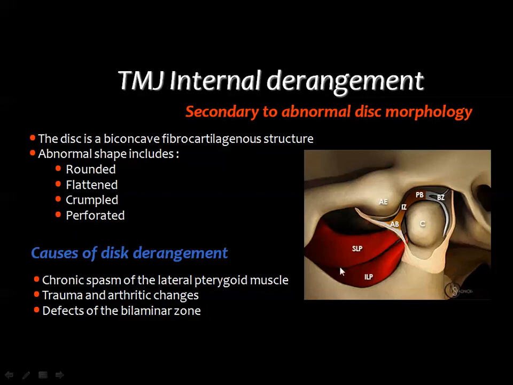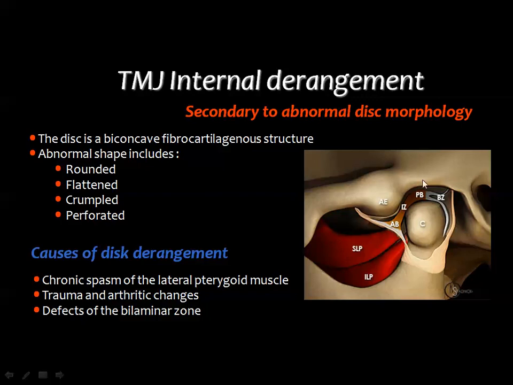But frequently, this joint is evaluated for abnormalities in the position and in the shape of the articular disc. And these abnormalities are collectively known as internal derangement of the temporomandibular joint.